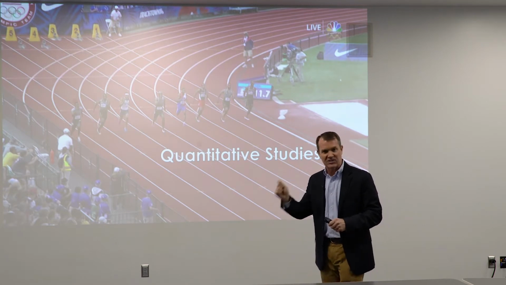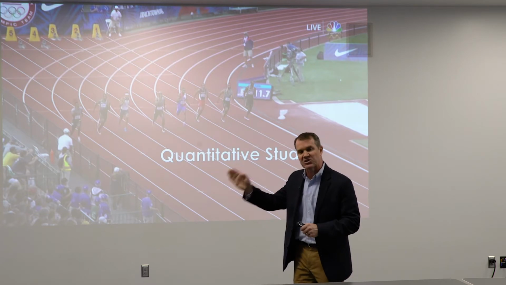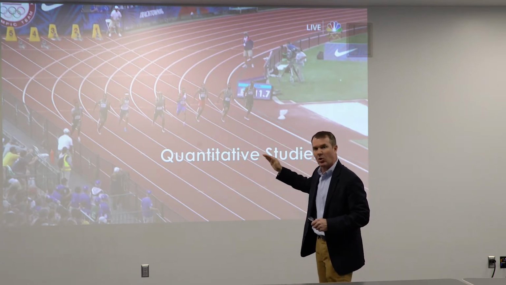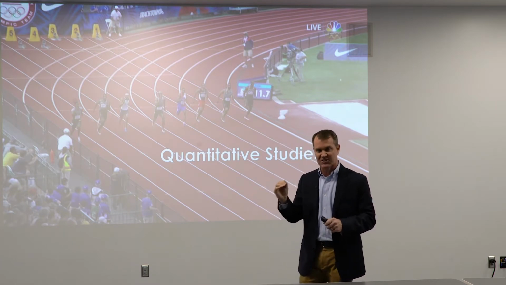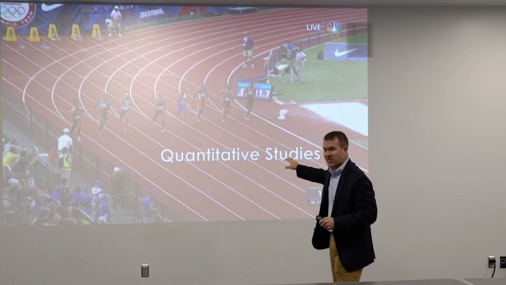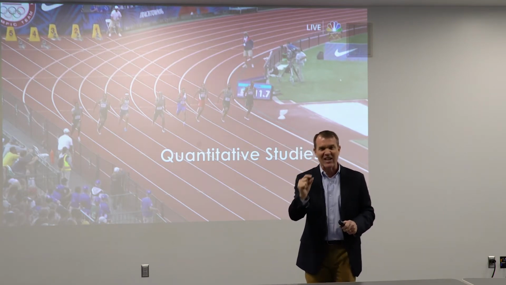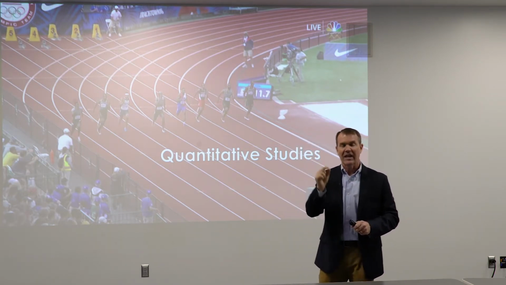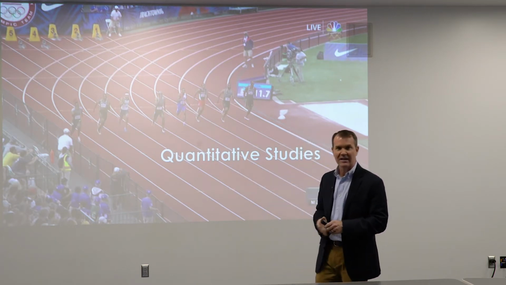And we know it exactly. In fact, we know it through a laser, the moment, because sometimes the difference between a gold, a silver, and a bronze might be a fraction of a second. Quantitative studies show us those differences, the scientific difference in what each different person measured for that distance.